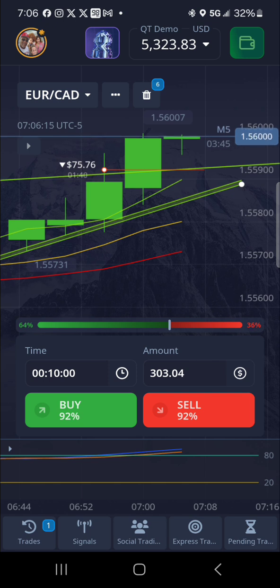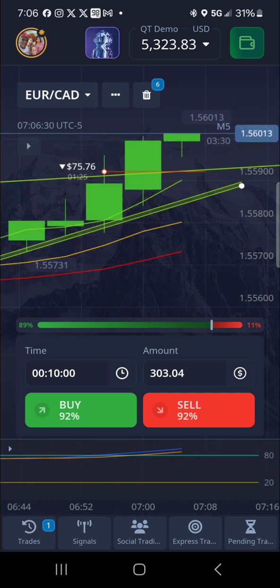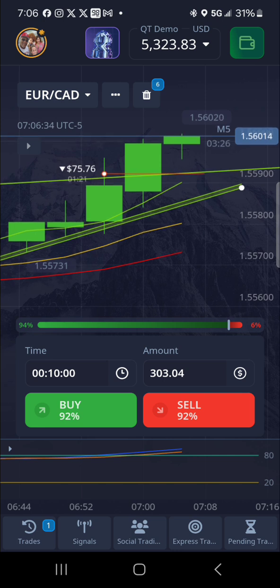There's something called a doji candle, which is a skinny body with skinny wicks on either side. There's a hammer, which is pretty much what you see right now, where it's a fat top and a small bottom.